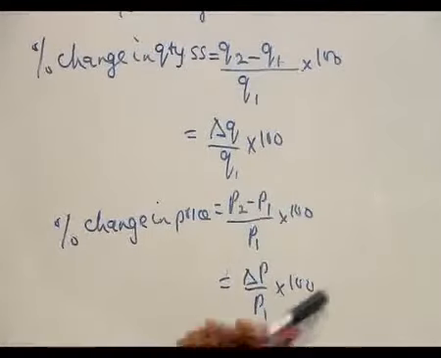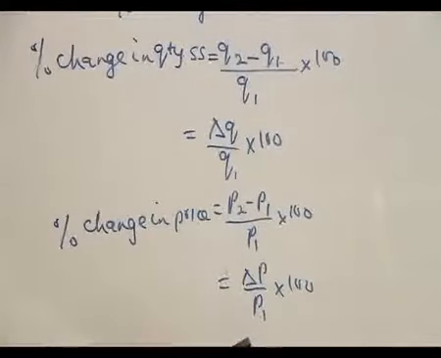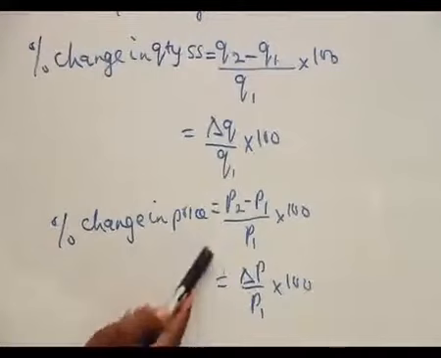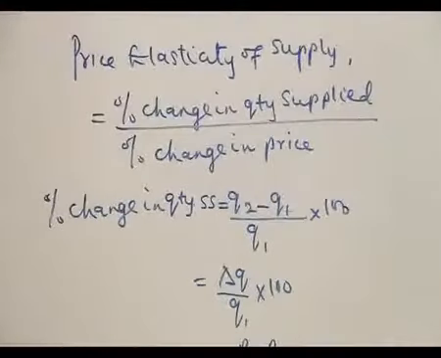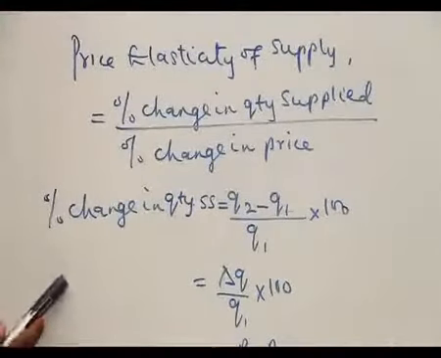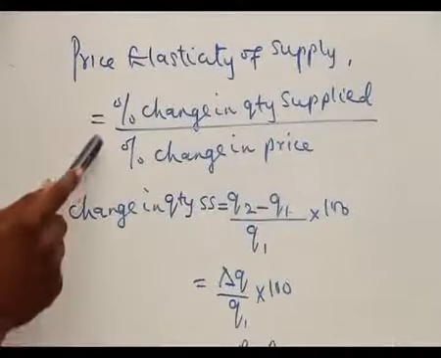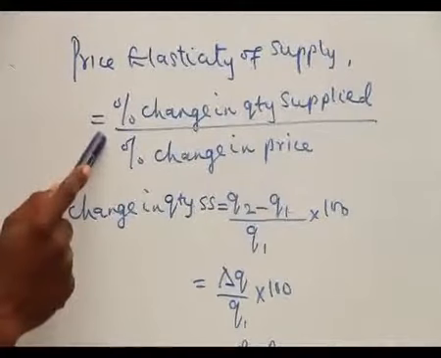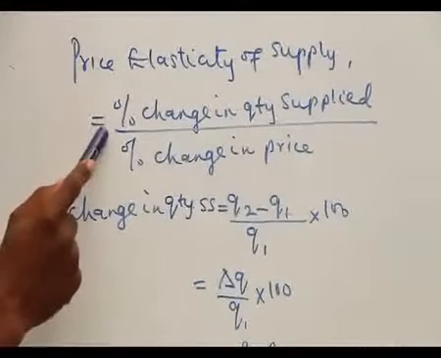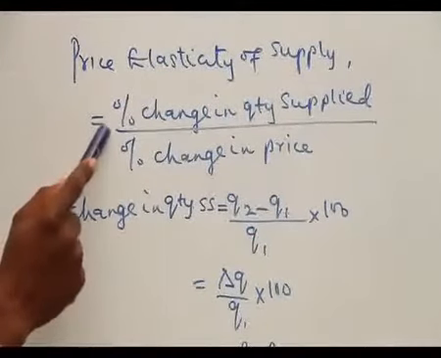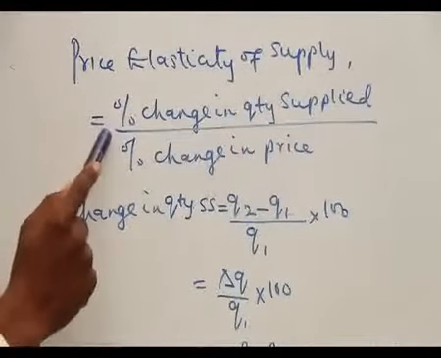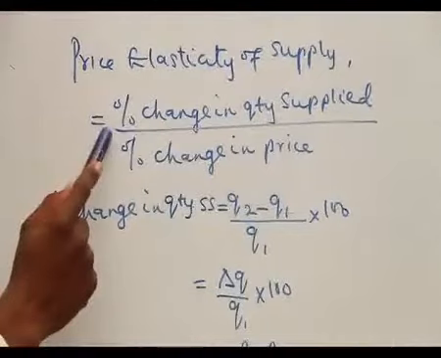When you find the value at the end here, the value that you get represents percentage change in price. So at the end, the values you get for change in quantity supplied and change in price will be substituted into this formula. At the end, you get a coefficient. So that is the coefficient of price elasticity of supply. The coefficient can either be 1, less than 1, or greater than 1.